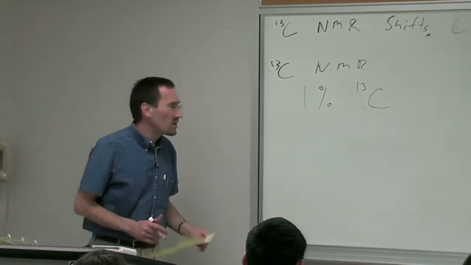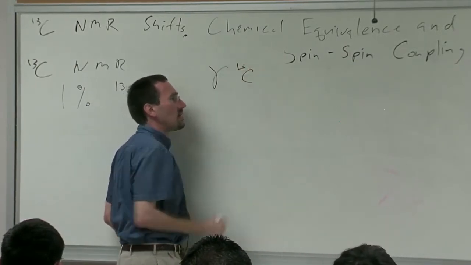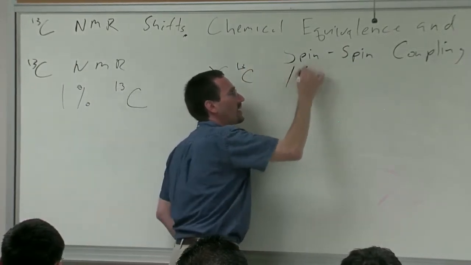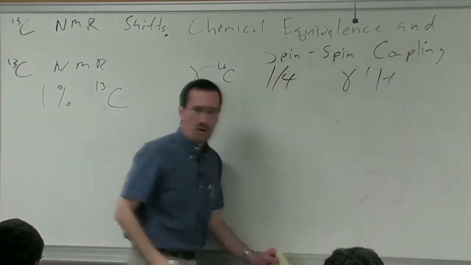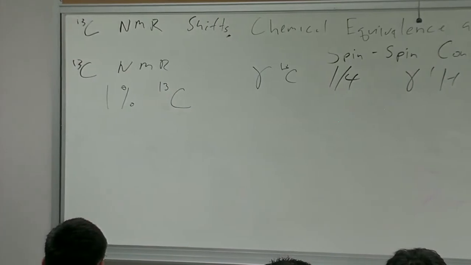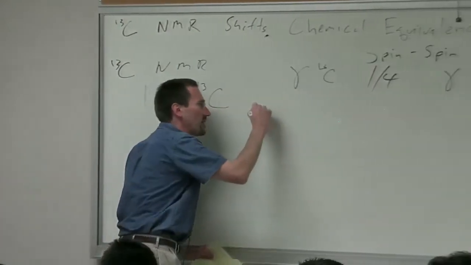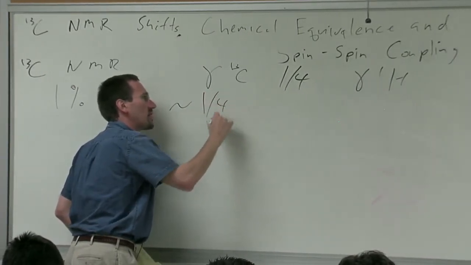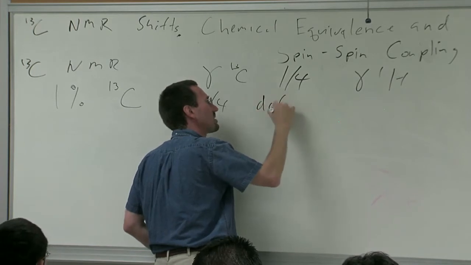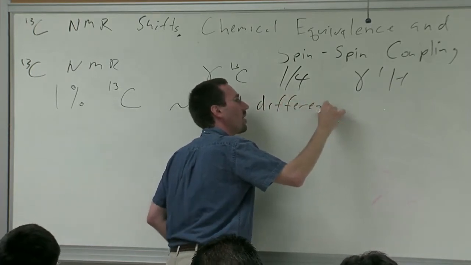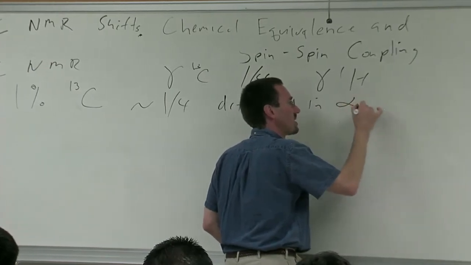Now, things get worse. The magnetogyric ratio for C13 is only a quarter that of the magnetogyric ratio for a proton. Remember what the implications are of that. That means that you get roughly a quarter of the Boltzmann difference in distribution in alpha and beta states.